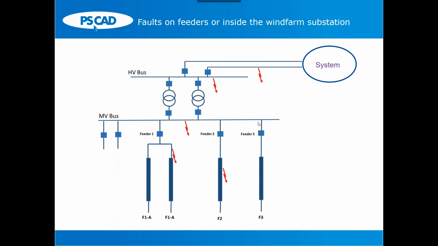So depending on where the fault is, you would have different configurations of isolated wind collector networks or feeders. So in the study, we have to consider all these in order to identify the worst case or to verify that your equipment, the temporary overvoltages, are not a concern, that they are within acceptable limits.